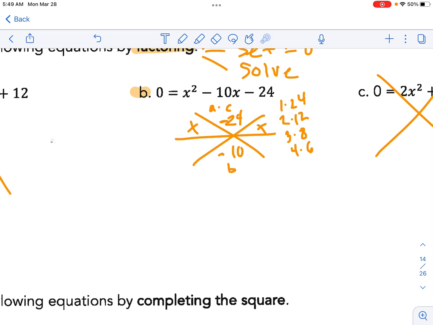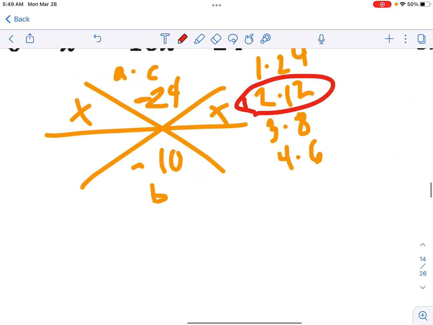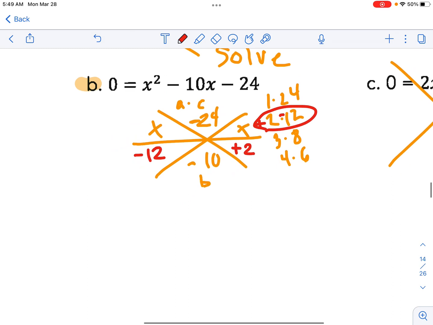Since we have a minus 24, minus 10, we know that we have a plus-minus combo. The plus-minus combo that makes a negative 10 would be 2 and 12. It would be a plus 2 and a minus 12. So minus 12 plus 2 gives us a negative 10, and a negative 24 when we multiply.